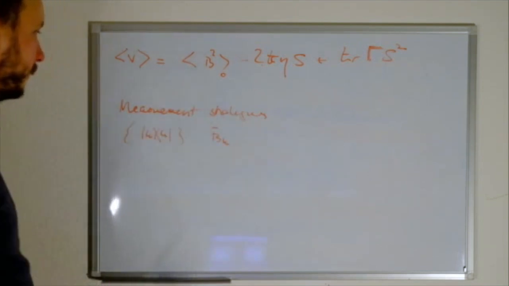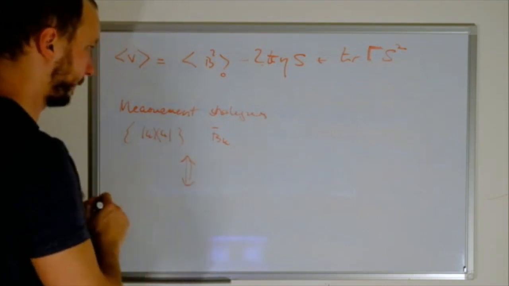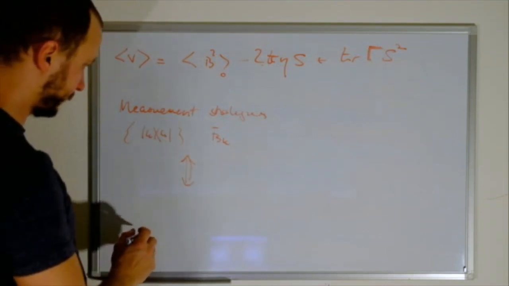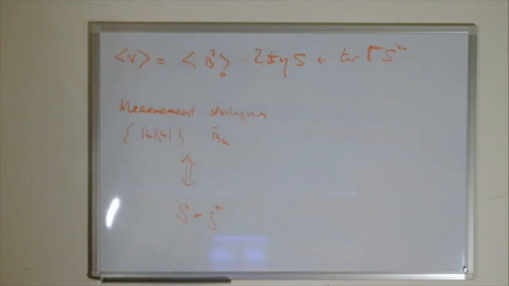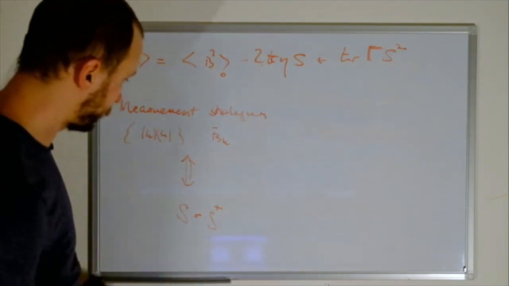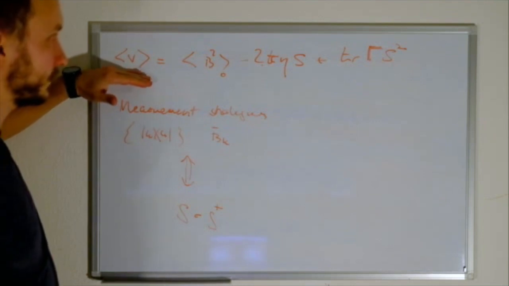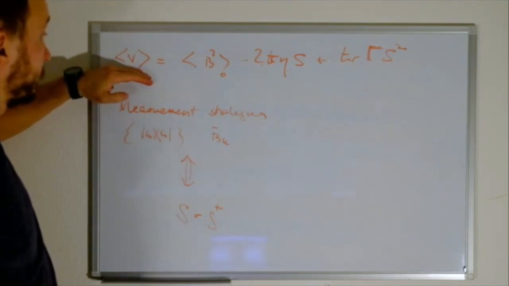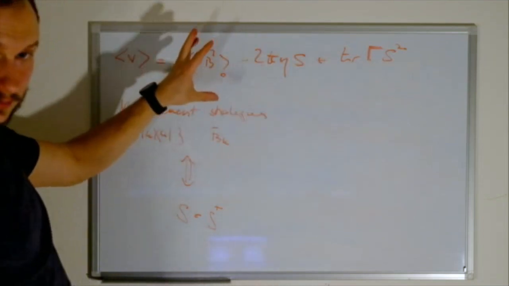So basically, all the measurement strategies correspond to all possible observables, as observables mean they are Hermitian. So what we want now is actually to minimize this expected variance over all possible measurement strategies, but now it's equivalent to minimize this expression here over all possible Hermitian operators.